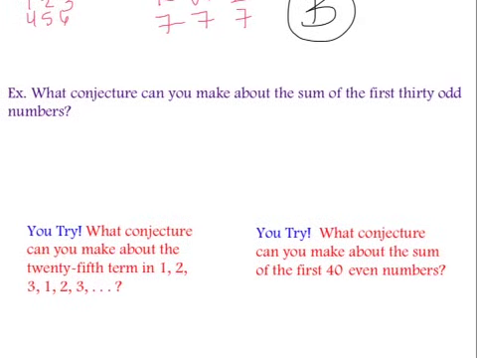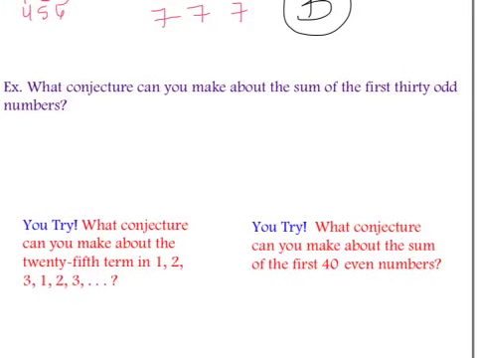So the first odd number is 1. And if we add that to nothing, we get 1. Then we can add 1 plus 3, because 3 is the next odd number, and we get 4.